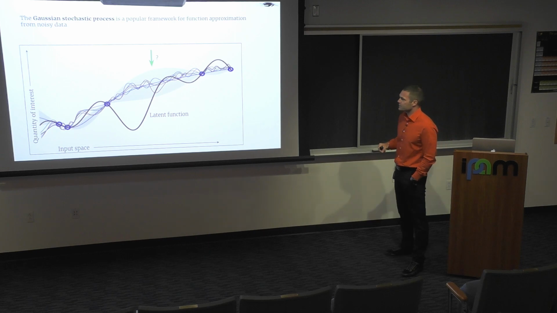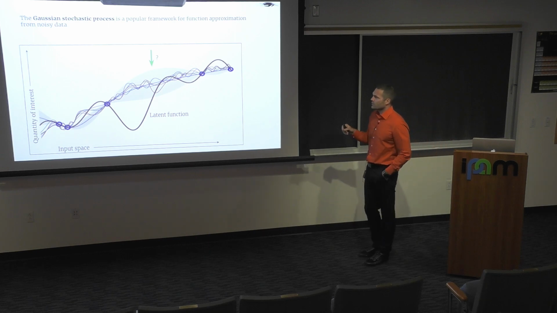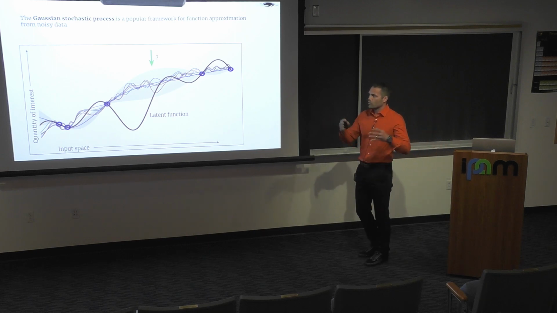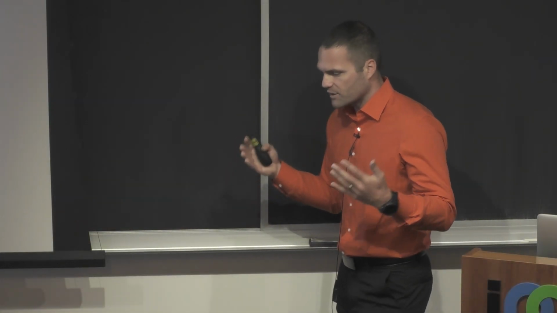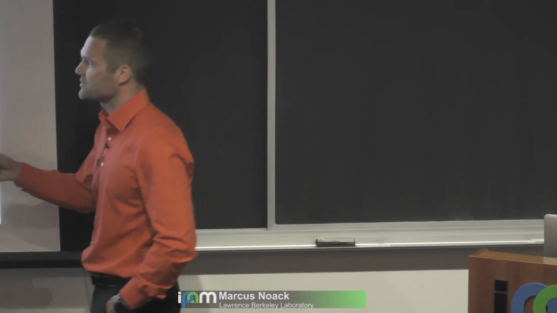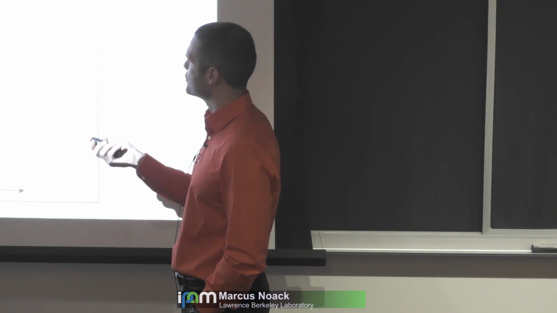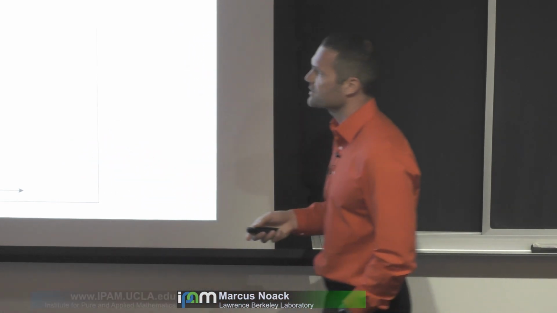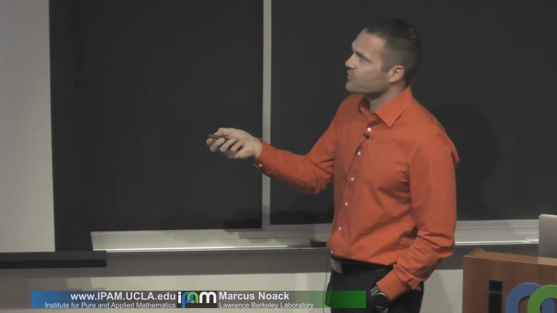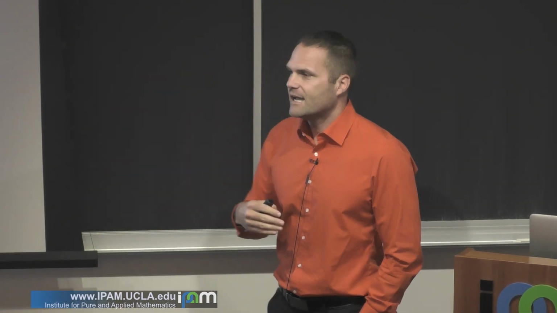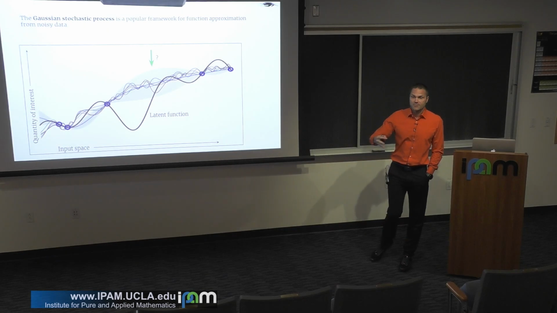Those are the blue little circles, and we are asking, what is the best approximation for our latent function? The ground truth function here we call the latent function, and so we could ask, okay, what's here? And we don't only want one number as a guess. We want a distribution. That's why it's uncertainty quantification.